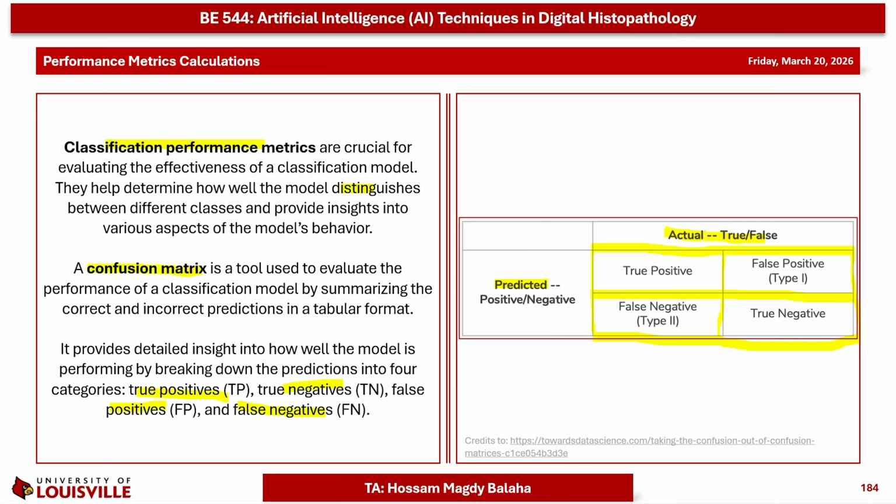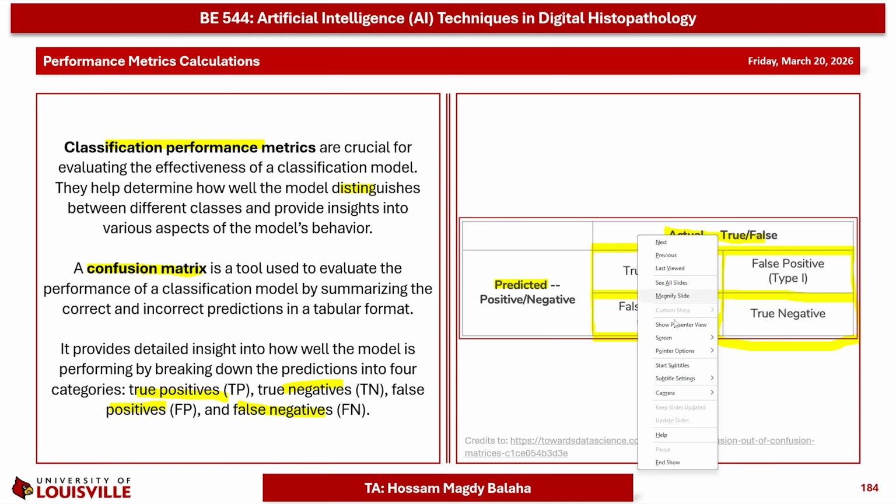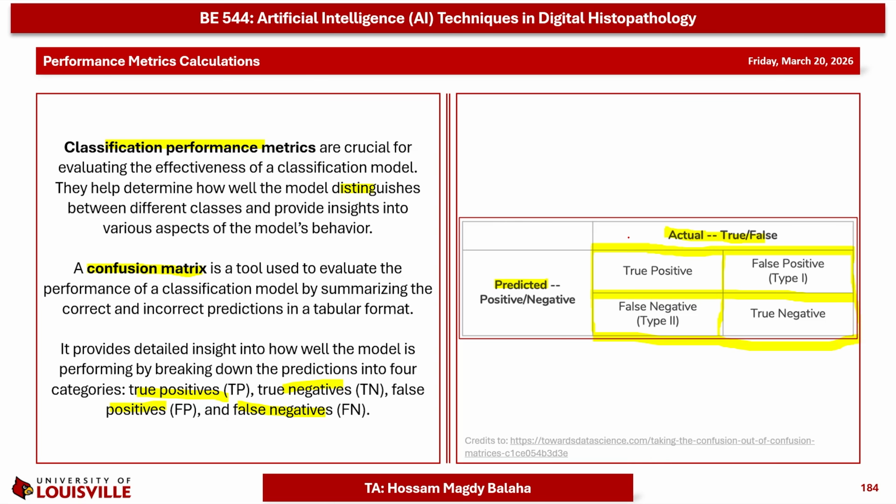So let's say we have positive and negative, or true and false. Let's say we are setting the first column to refer to the positive, let's say 1, and the second column to 0, which refers to false or negative. Also for the prediction, you need to set which is positive and which is negative. Let's say here the positive and here negative.